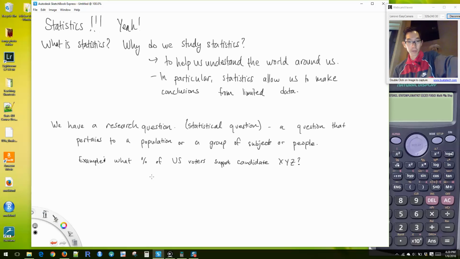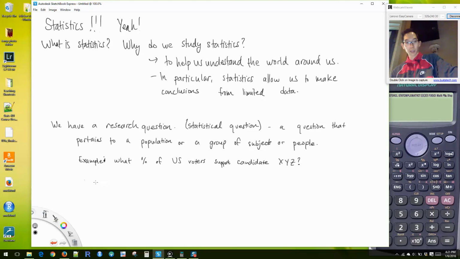And the only way we're going to know the true answer to this question is on election day, okay? Or if the candidate didn't make it to the general election, then at the primaries type of thing, okay? Prior to election day, different organizations have polls, but the polls do not ask all U.S. voters, right?